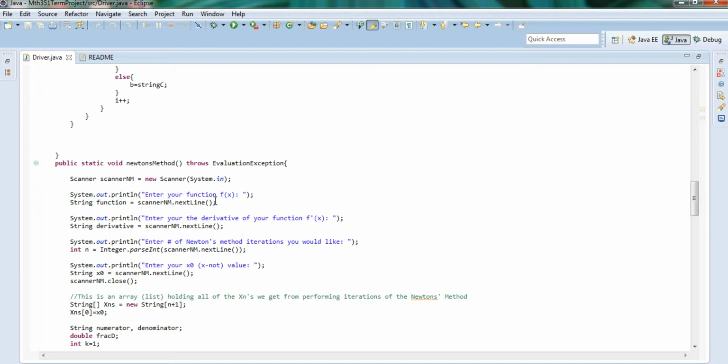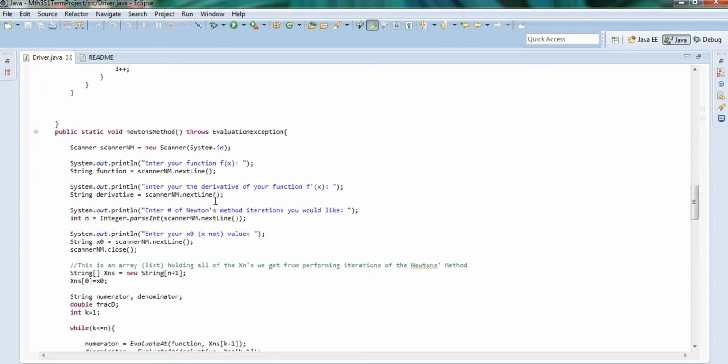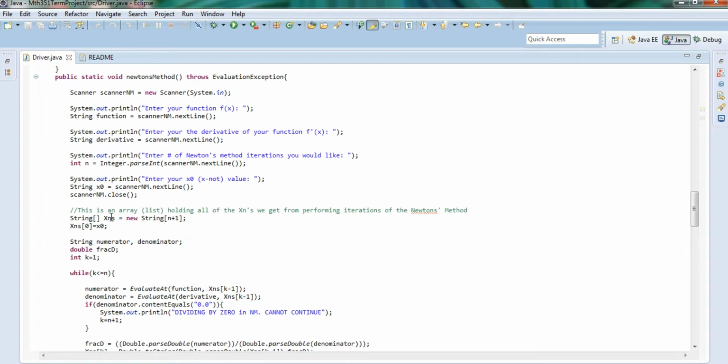Once again, you enter your function and the derivative. We're having the user do this because it's quite difficult to derive it on the computer with the program that we have. Then how many iterations, and your x0 value. We have this array called xn's, and this holds the x sub n's that we get from performing iterations of Newton's method.